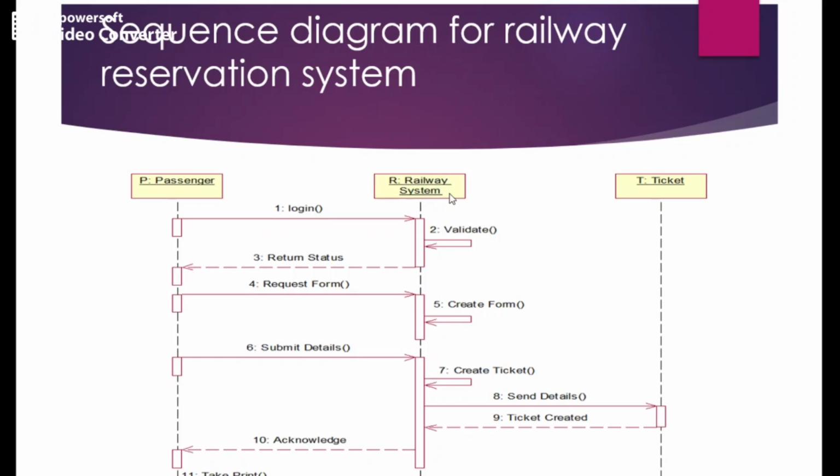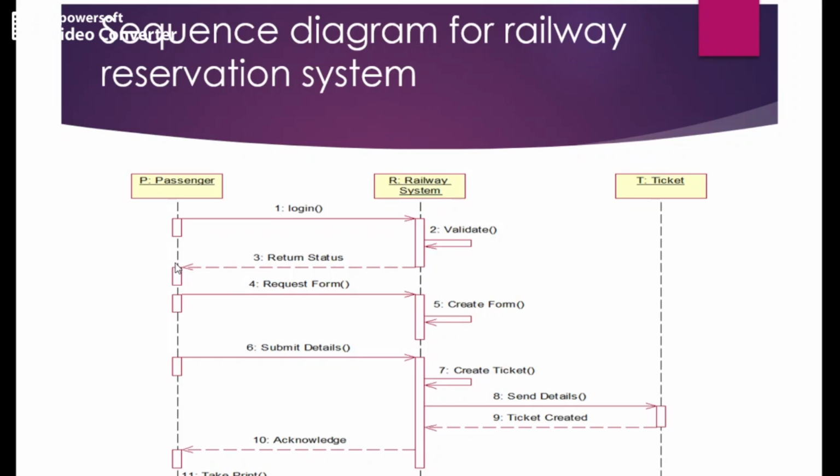Now what will this Railway System class do? The passenger will log into the system, so the Railway System will validate the details of the passenger and check them. It will validate and return the status.